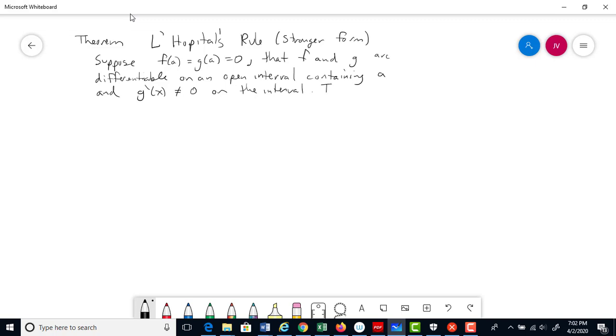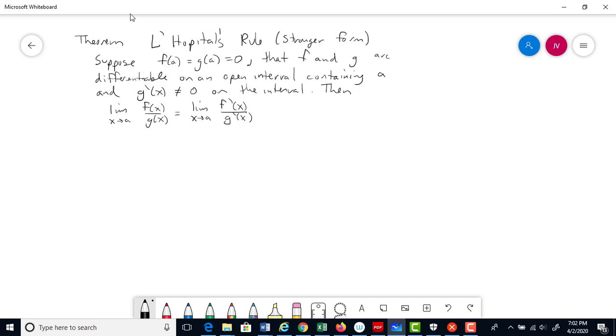Then what we have is the limit as x approaches a of f of x over g of x is equal to the limit as x approaches a of f prime of x all over g prime of x. So we were technically using this. We were taking the derivatives and then plugging in a.